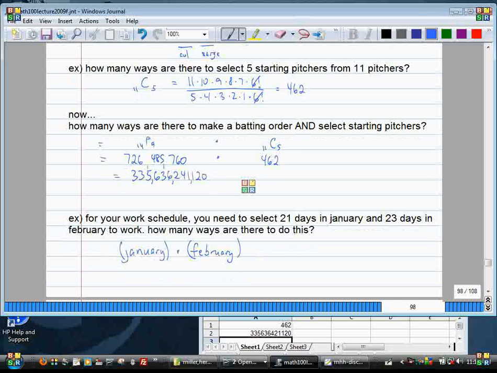So out of 31, C21. And then what about for February? Okay. Absolutely.